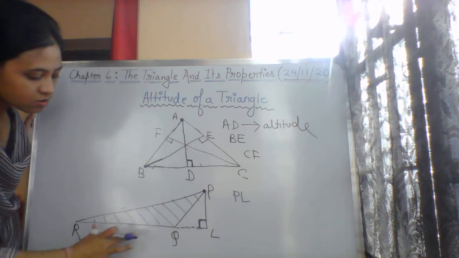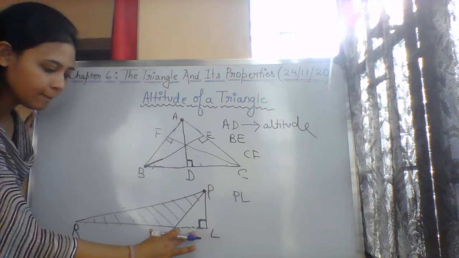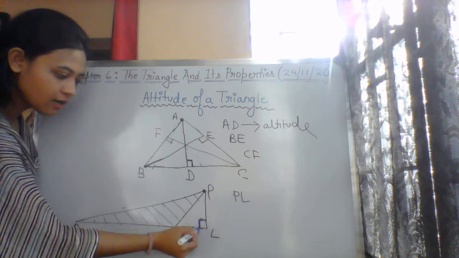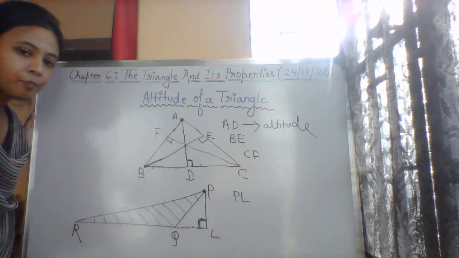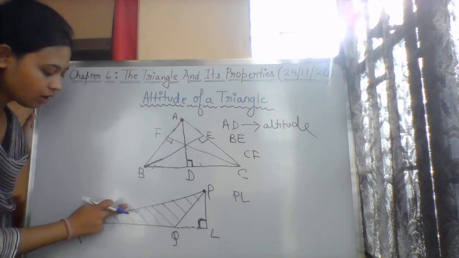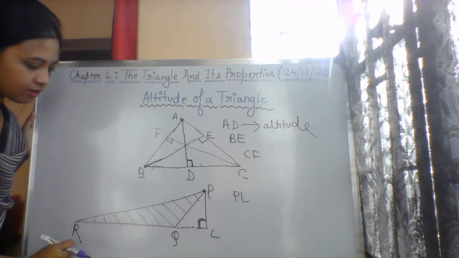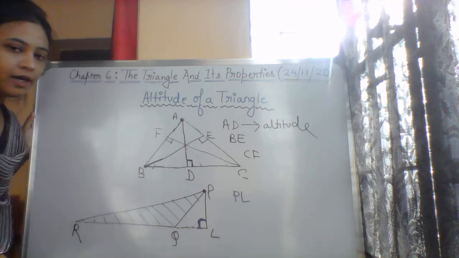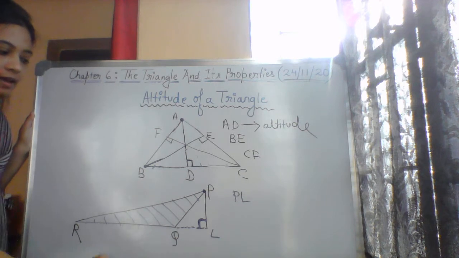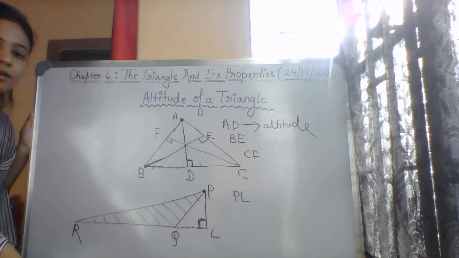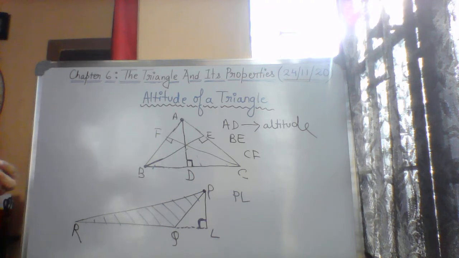RQ. So it can be extended. Then only we can draw that altitude at 90 degree. So now from here you can see the altitude can lie outside or it is always inside. So from this picture I hope you got your answer.